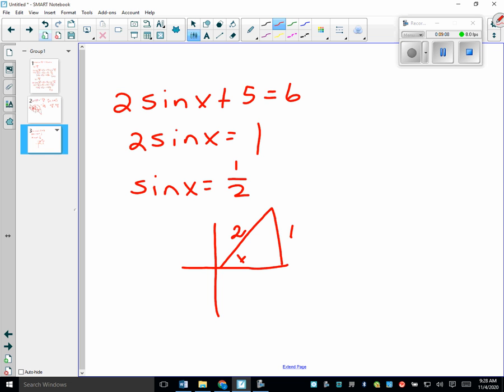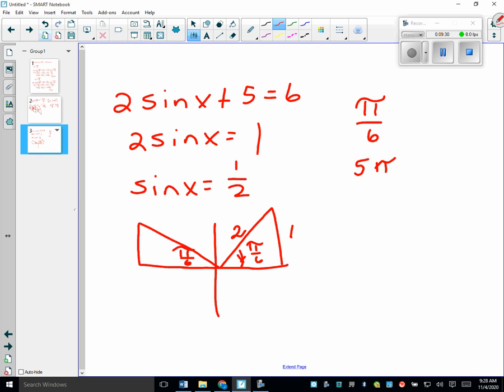So what is this angle? Pi over 6. So for quadrant 1, what is my answer? Then I want it in quadrant 2. 5 pi over 6? Yeah.